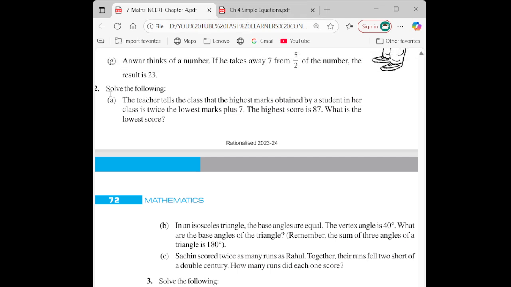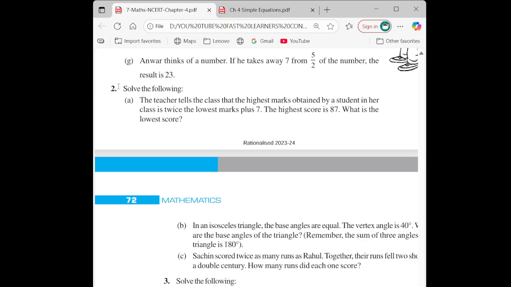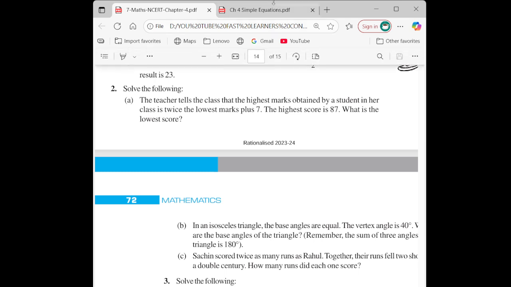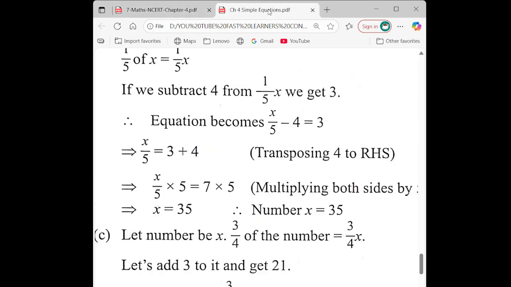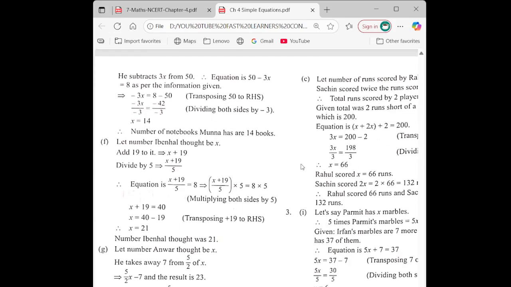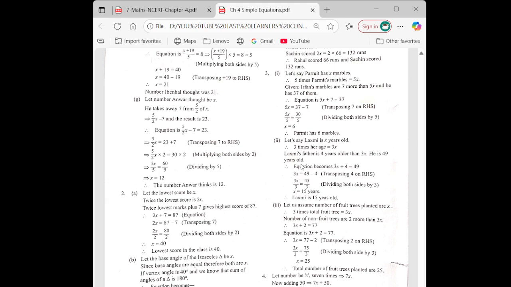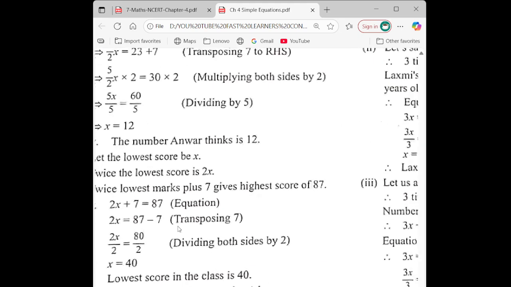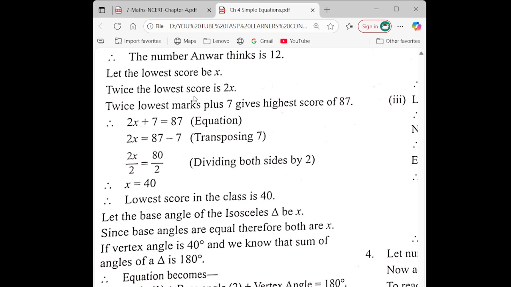Now a very important question here I want to explain to you. That is question 2. The teacher tells the class the highest mark obtained by the student in her class is twice the lowest mark plus 7. So here you have to think of the lowest mark first. Suppose the lowest mark is L. Suppose the lowest score is x, and then 2x.